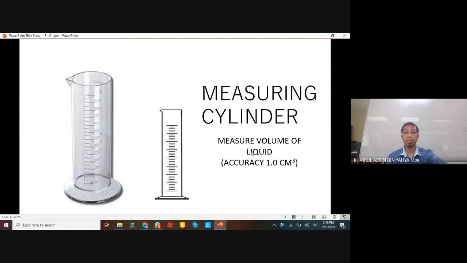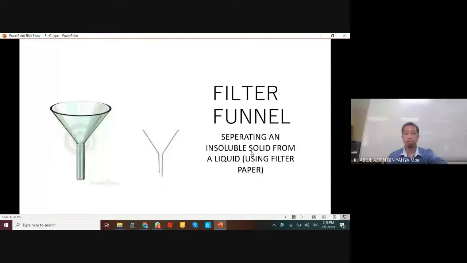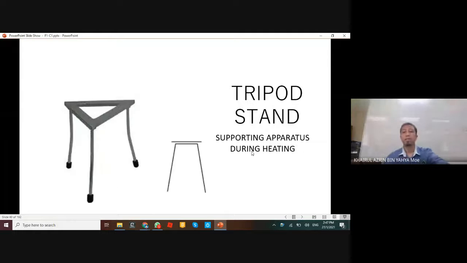Measuring cylinder measures the volume of liquid, accuracy 1.0 cm cubed. Gas jar, collecting gases. And funnel, for separating an insoluble solid from a liquid using filter paper.